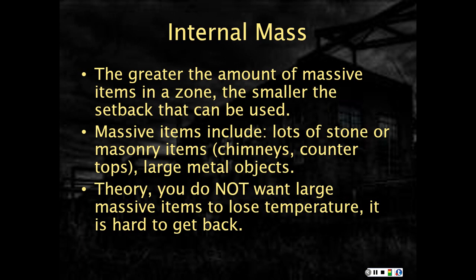The theory: you don't want a large mass of items to lose temperature. It's harder to get back. So if I have areas with really large, massive pieces of equipment, I want to be careful on the setback, because if those large masses start losing temperature, it's really difficult to return. And when people work in front of those masses, it pulls their energy off their body through radiant.